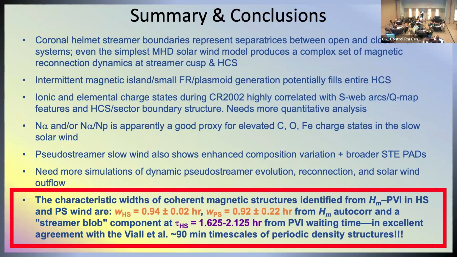So we went from talking about the separatrix, which you defined very well, and then you started calling them S-web. Could you clarify? S-web, separatrix web. How is that different from a separatrix? It's not different. It is just the map of all of those separatrices, given basically a Carrington rotation's worth of magnetic field in your extrapolation.